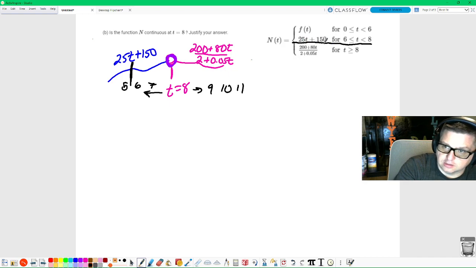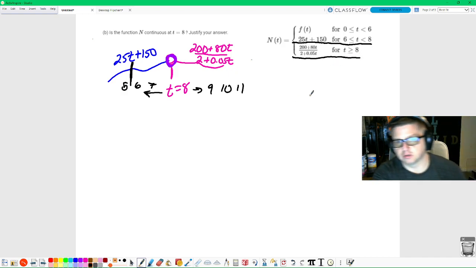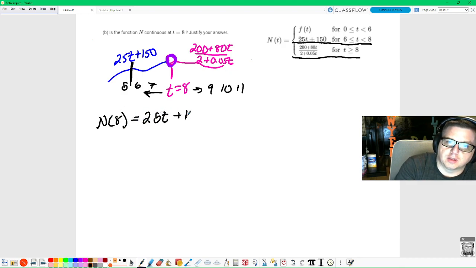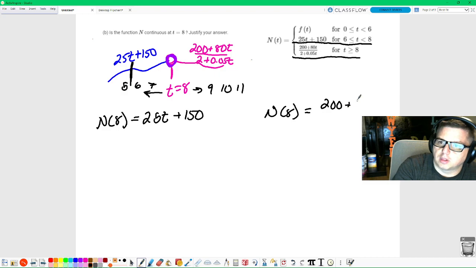So what we need to do is n of 8 for 25t plus 150 and n of 8 for 200 plus 80t over 2 plus 0.05t.